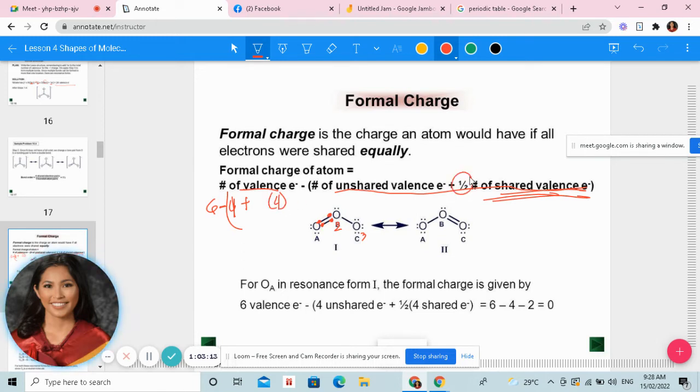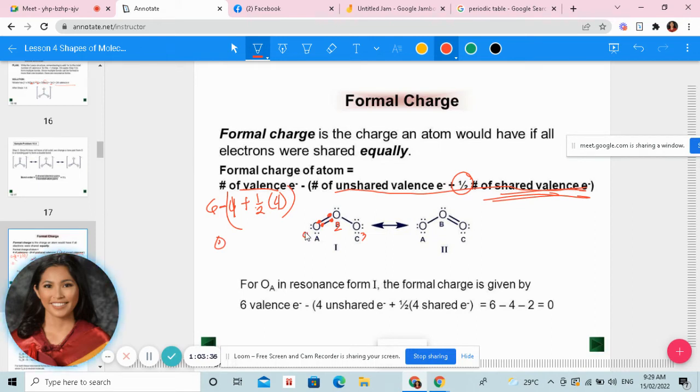It says times 1/2. So what is the formal charge? 6 minus, 4 plus 2. 6 minus 6 is 0.